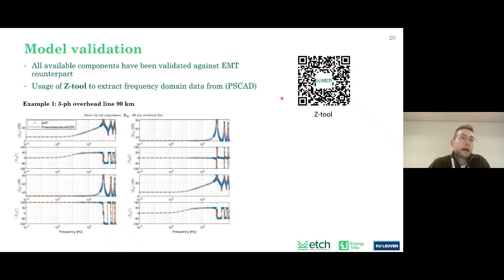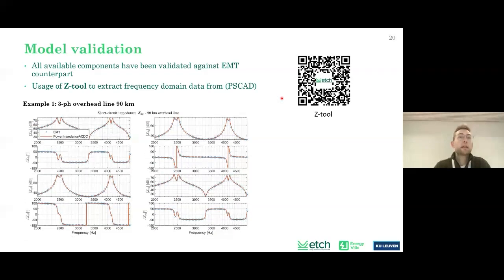So here you can see the short circuit impedance of a three-phase overhead line of 90 kilometers in DQ. And first when you look, okay, it looks very good. So really the curves are on top. If you zoom in a little bit and look at the high frequency response of the overhead line, you see that we accurately capture the resonances and anti-resonances of the overhead power line.